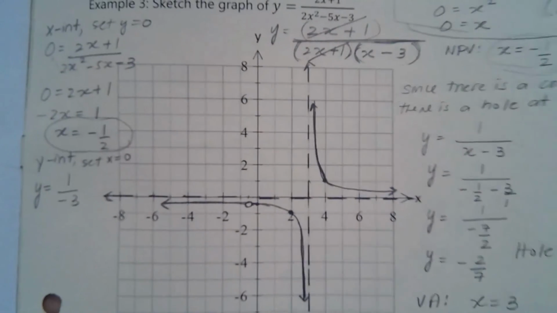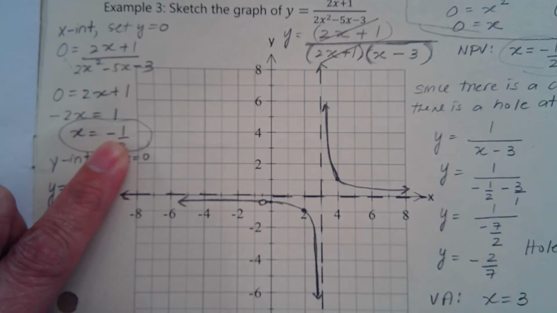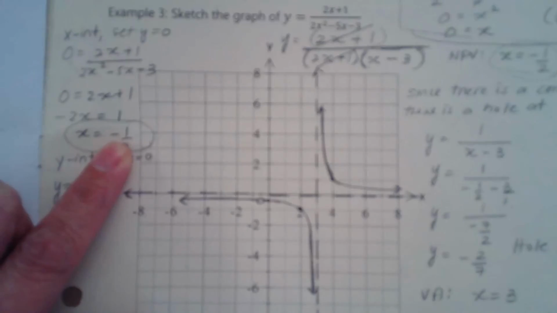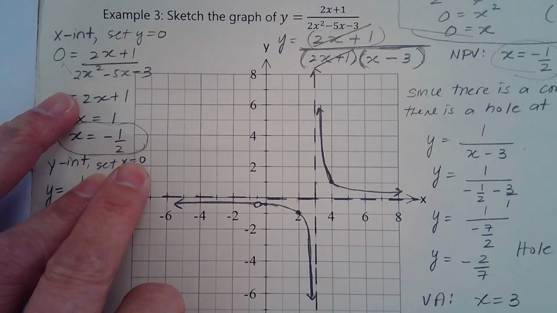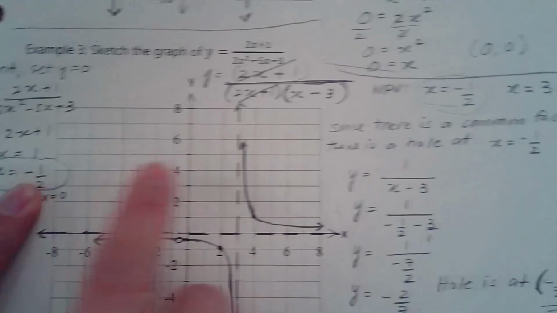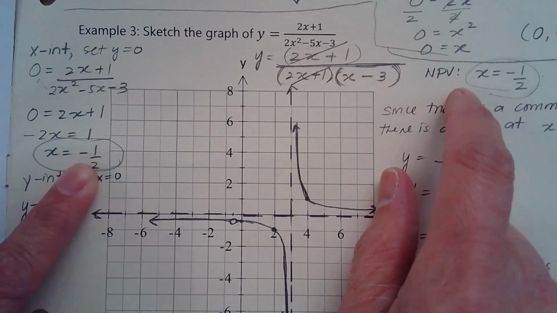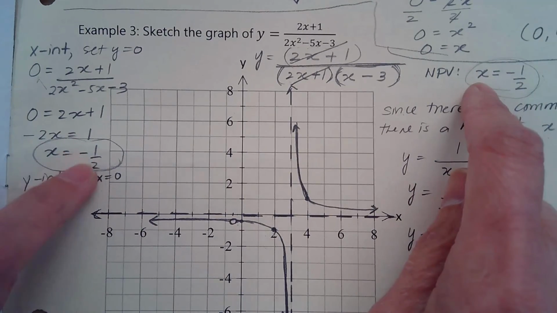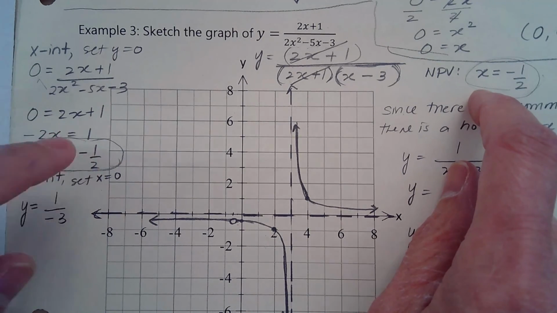Whereas the other one, this one here, we figured out, okay, you're probably thinking like, when we looked at example number 3, we said, hey, the x-intercept is -1/2, but then when we go to the non-permissible value, it's -1/2. So there's a contradiction there. So it's still a non-permissible value even though we calculated that one.